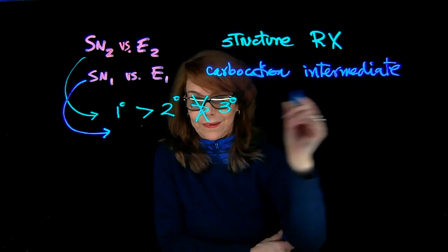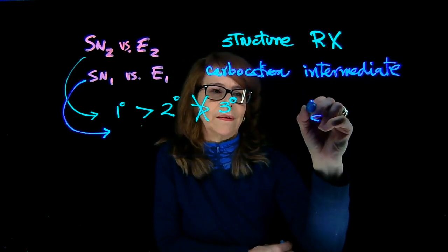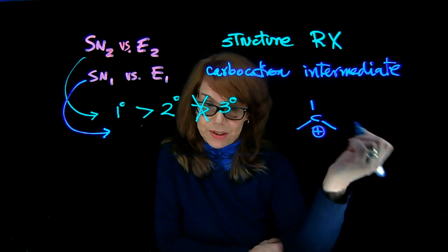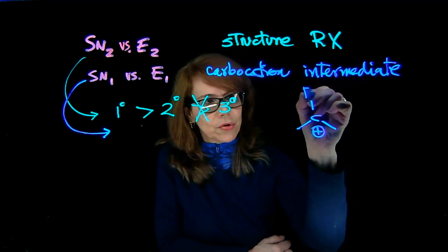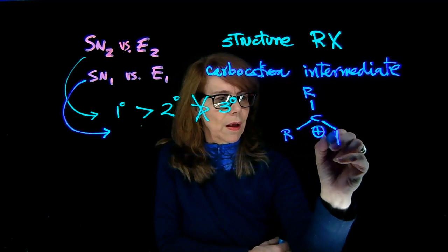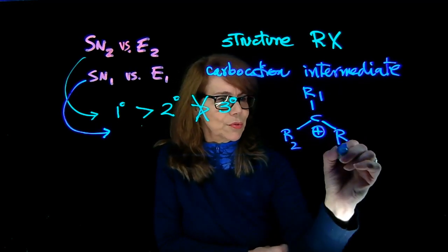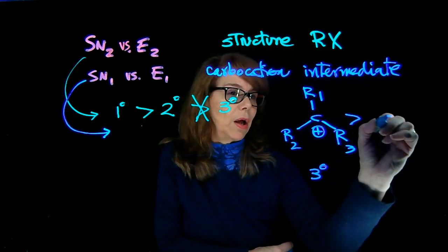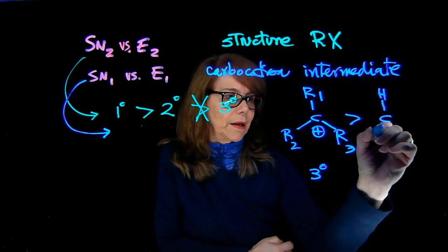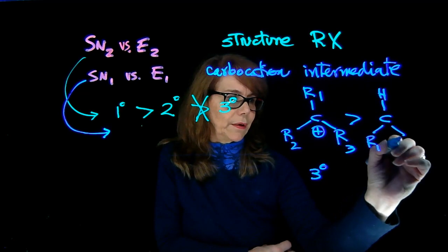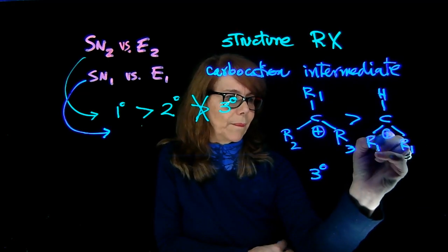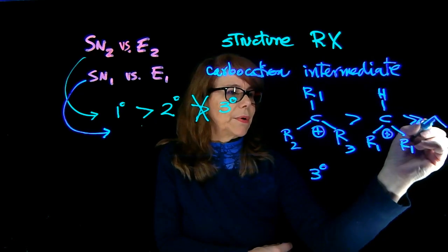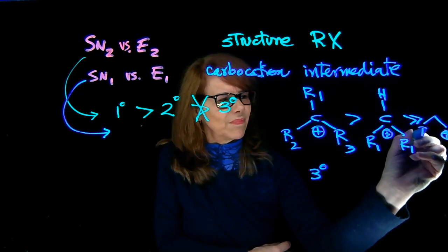And as we have studied before, carbocations, that I have previous videos on, if we have a carbocation with 3 R groups, say 1, 2, 3, it will be a tertiary carbocation. This is more stable than, say, a secondary carbocation, and by far more stable than a primary carbocation.